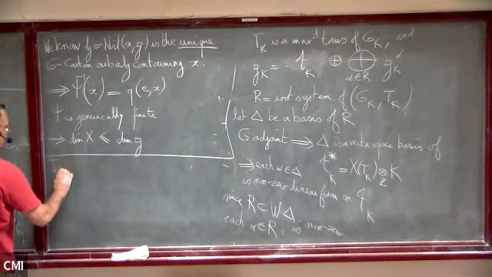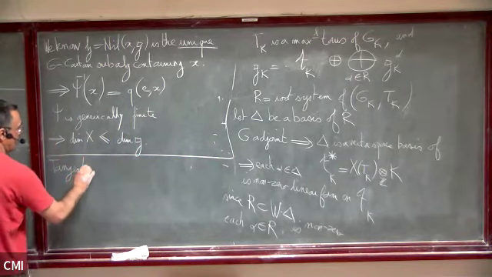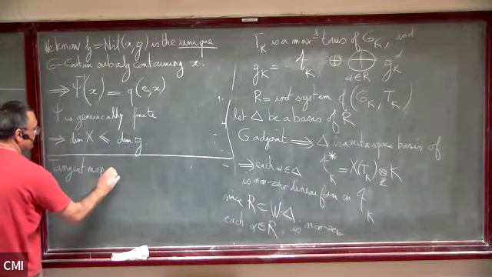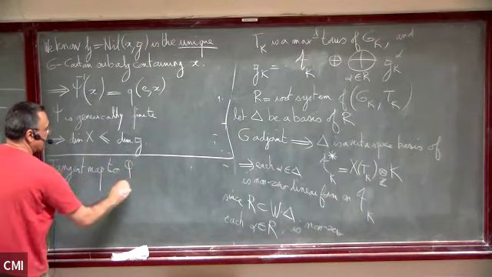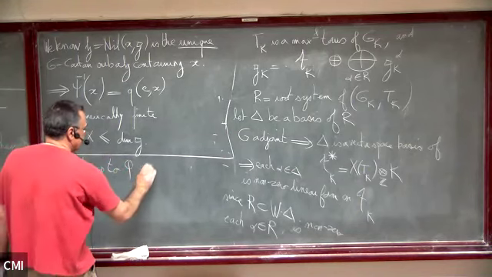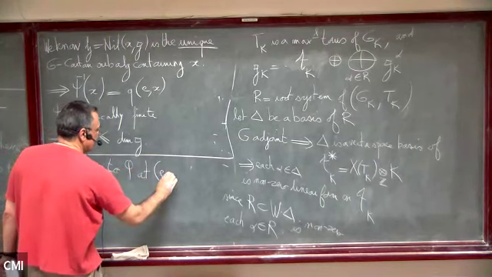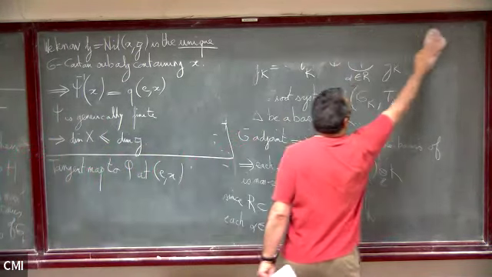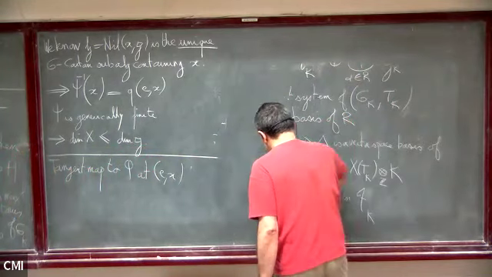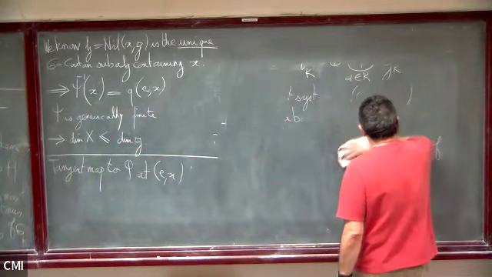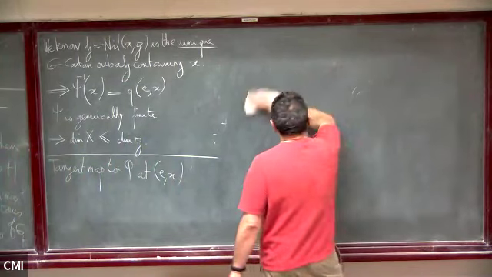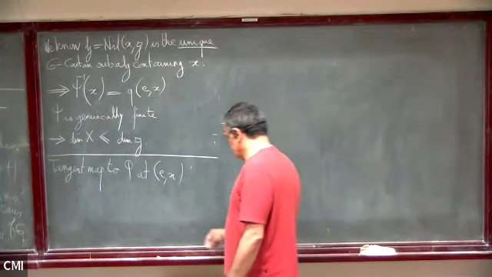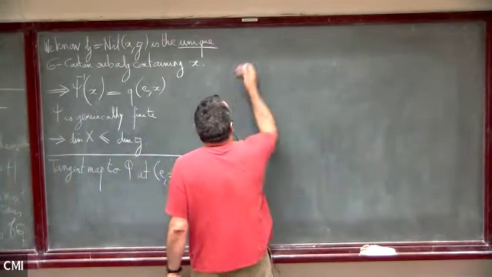Let us compute the tangent map to phi at the point (e, X).